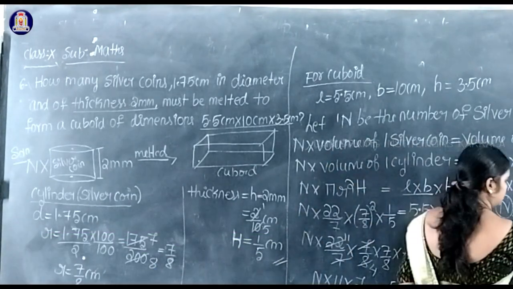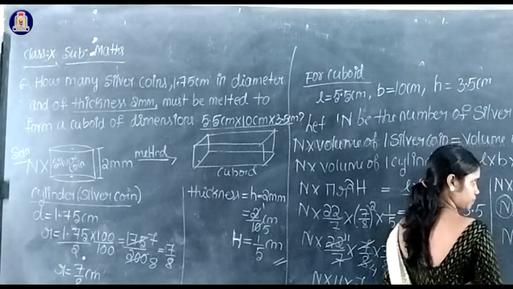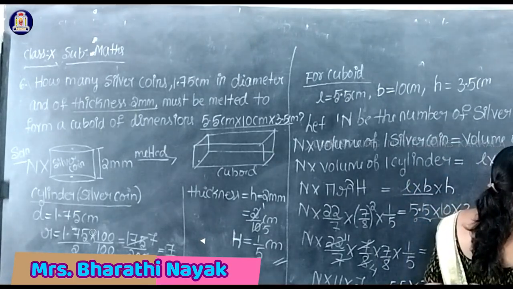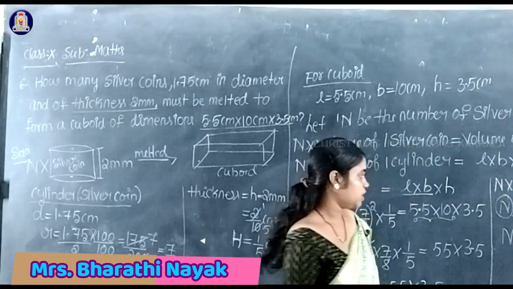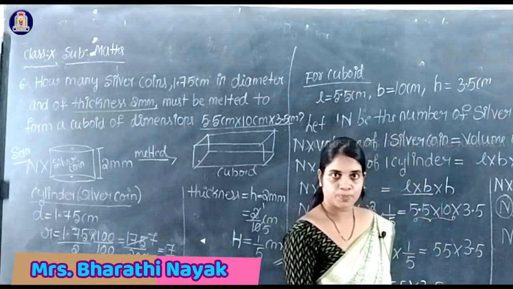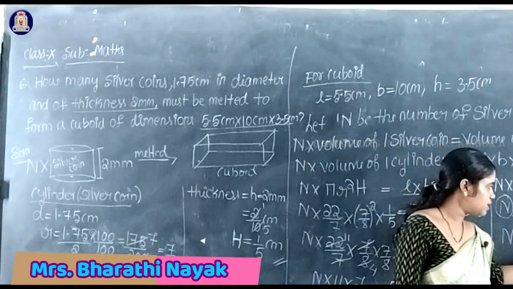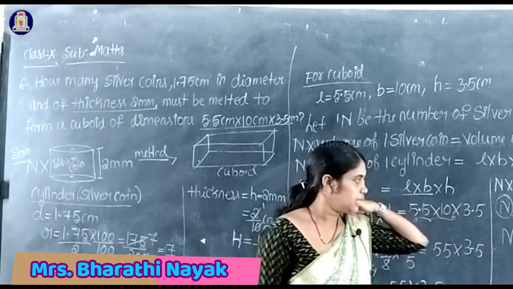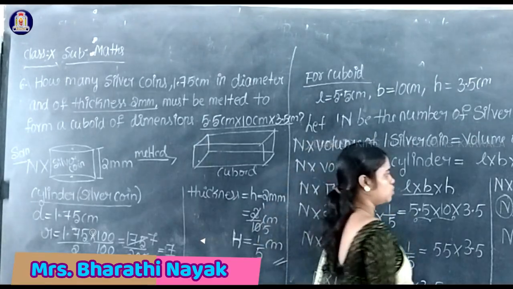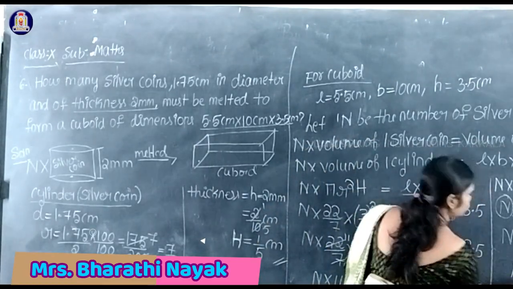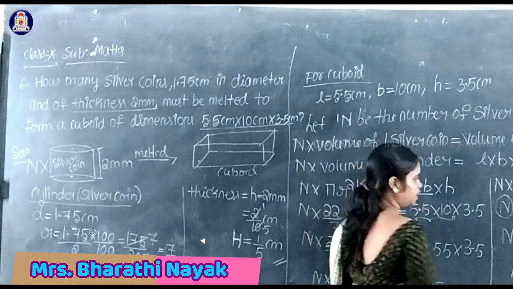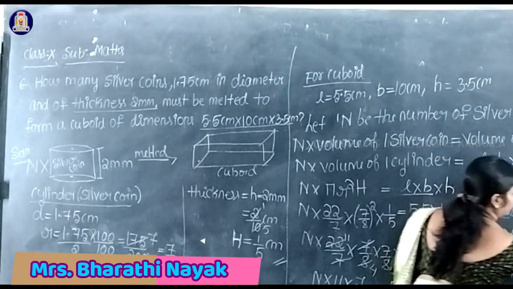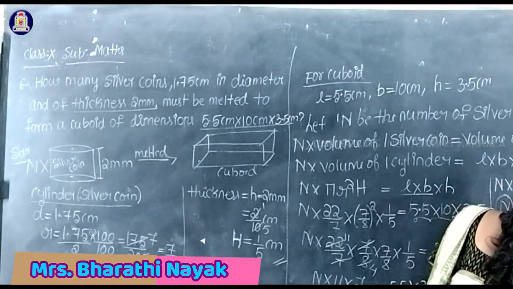Once again, 7 1s are 7, 7 0.5s are 3.5, isn't it? So now n is equal to, what about the remaining terms here? The remaining terms are 5 into 0.5 into 32 into 5, right?